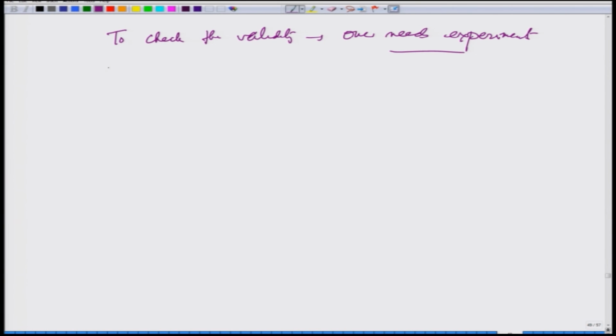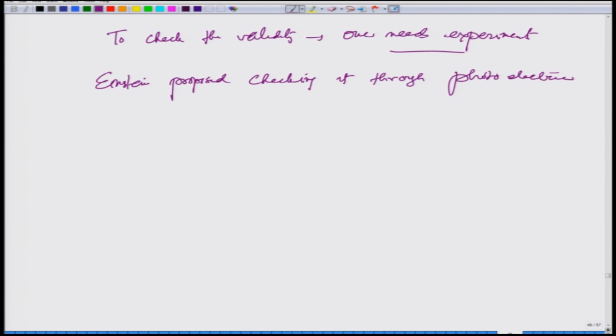Okay. So, for that Einstein proposed checking it through photoelectric effect.